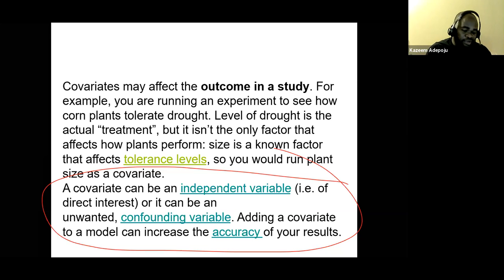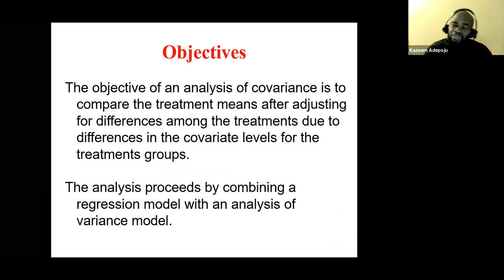Now let us go into the objective. What are the objectives of analysis of covariance? In analysis of covariance, we want to compare means across groups by adjusting for another potential variable that has an effect on the response, which is continuous in nature.